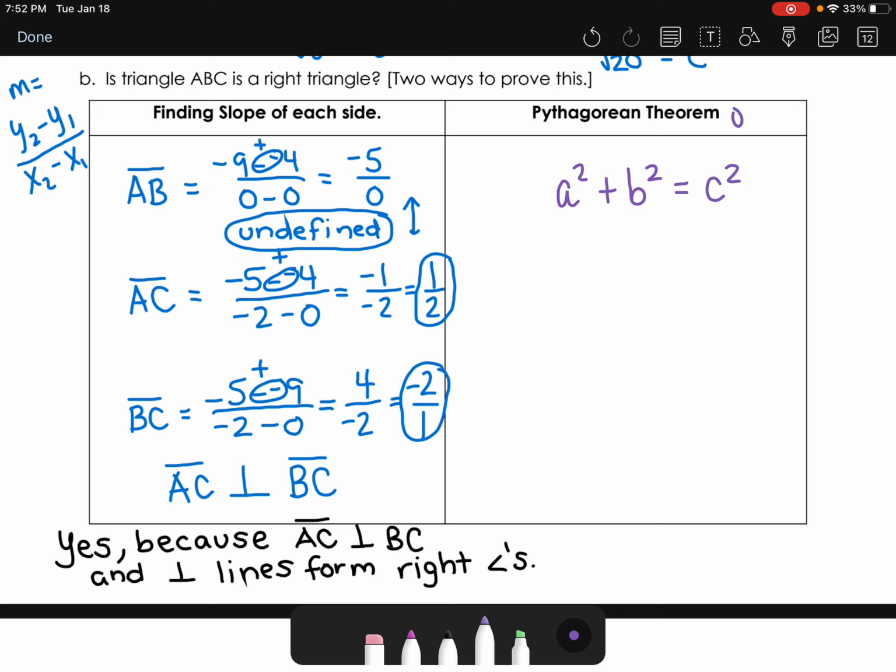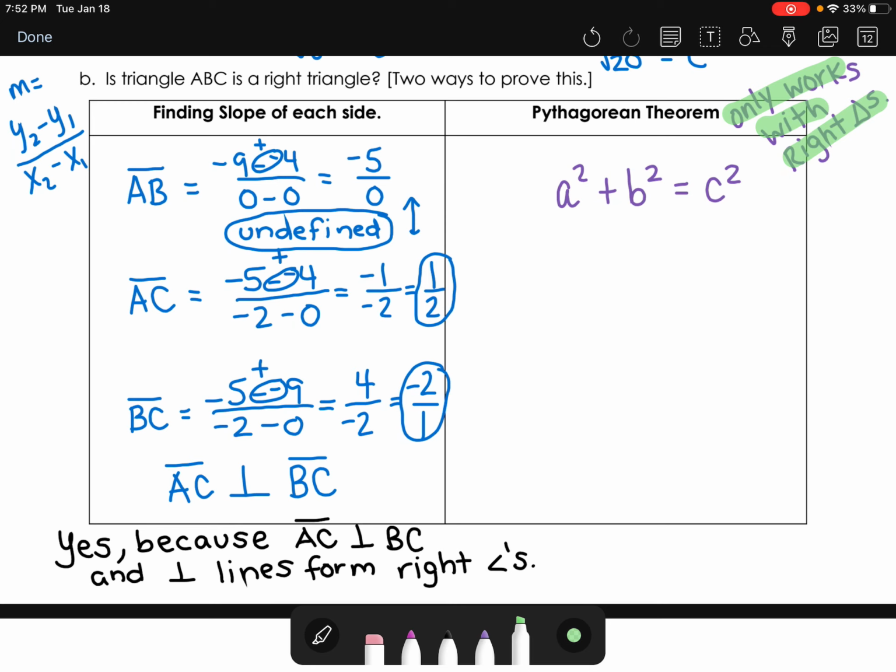Now, the Pythagorean theorem only works with right triangles. I want you to remember that. So that's why we're using this here.